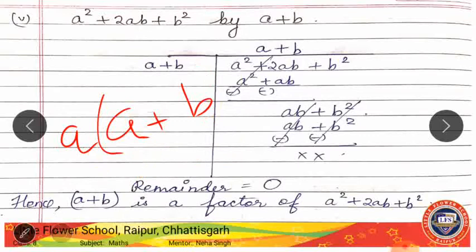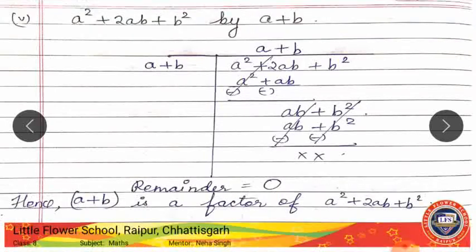After that, sign change, plus will become minus, both the signs there are plus, so here it will become minus. We will subtract, these terms will get cancelled, 2ab minus ab, ab left, and then this b square will be copied here. Now again next, ab divided by a. This a and a will get cancelled. We are left with b.